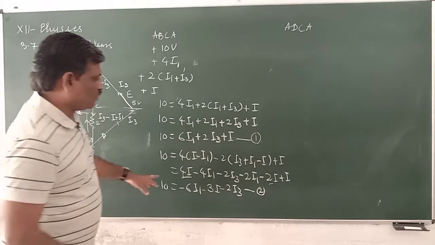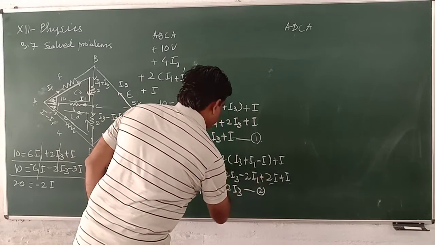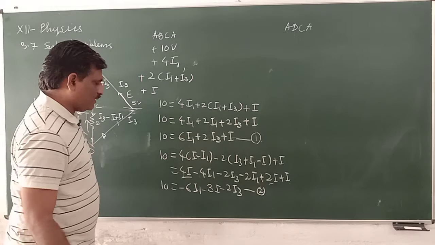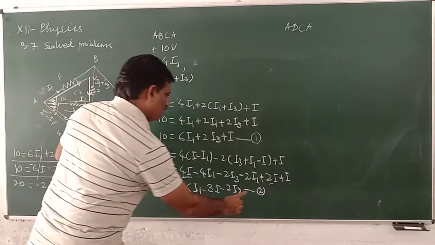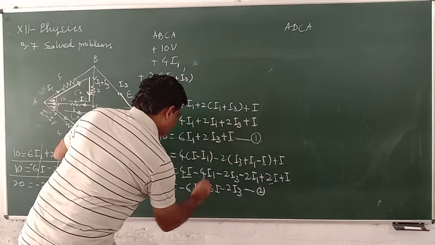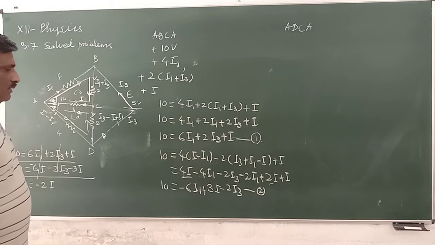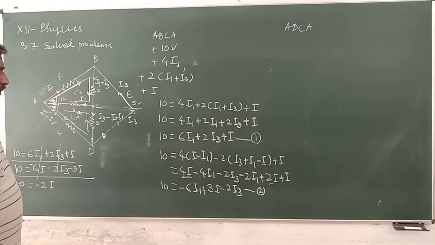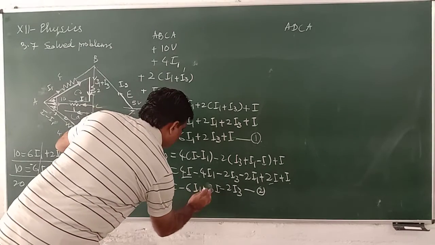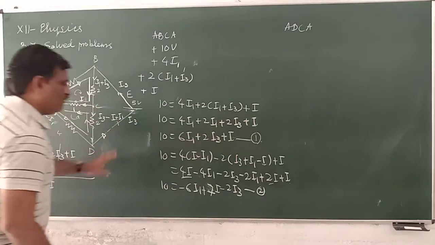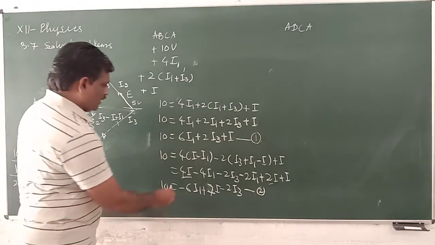This one will become as plus. So this one will be I and I. It is coming as 3I. And then totally it is coming as 7I. It becomes 7I. Once again recheck it.